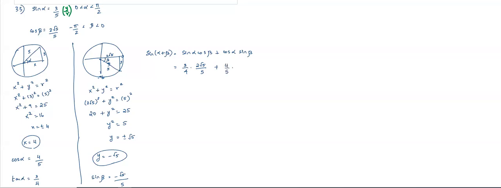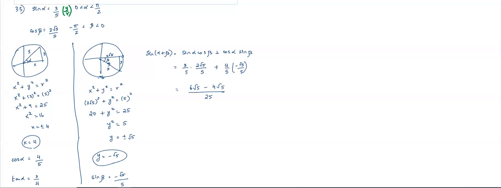Sine beta, we found out, is negative root 5 over 5. So now I multiply. I get 3 times 2 is 6 root 5 minus 4 root 5 all over 25 as my answer. Okay.